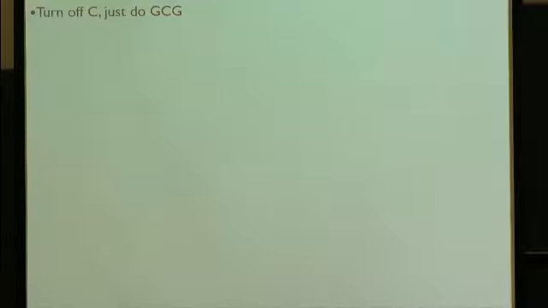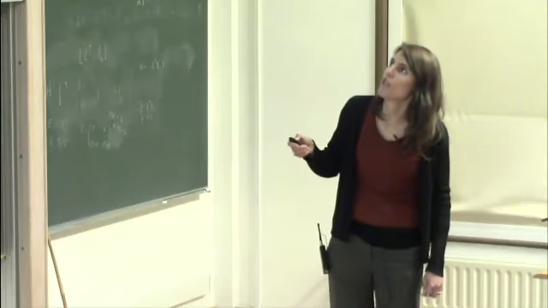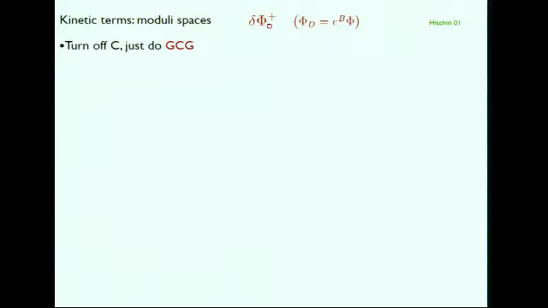So let's turn off the Ramond fields, and let's review what was done by Hitchin. What is a moduli space? What are these variations delta phi, where I'm using phi for just a pure spinor, phi plus, so e to the ij, with e to the B, this is e to the B plus ij. Now this moduli space, or the full pure spinor, is actually defined if you take only the real part of the pure spinor.